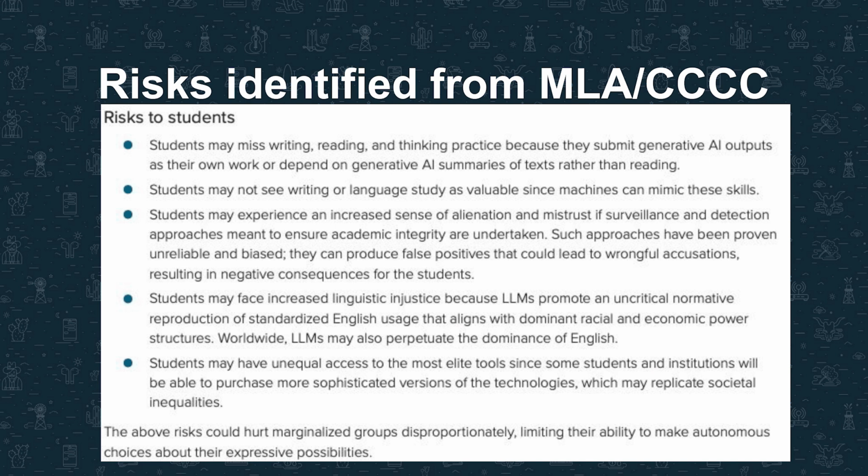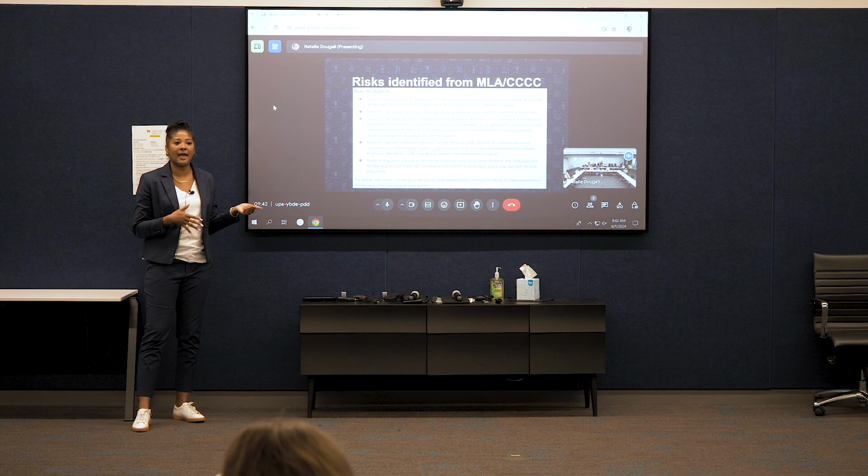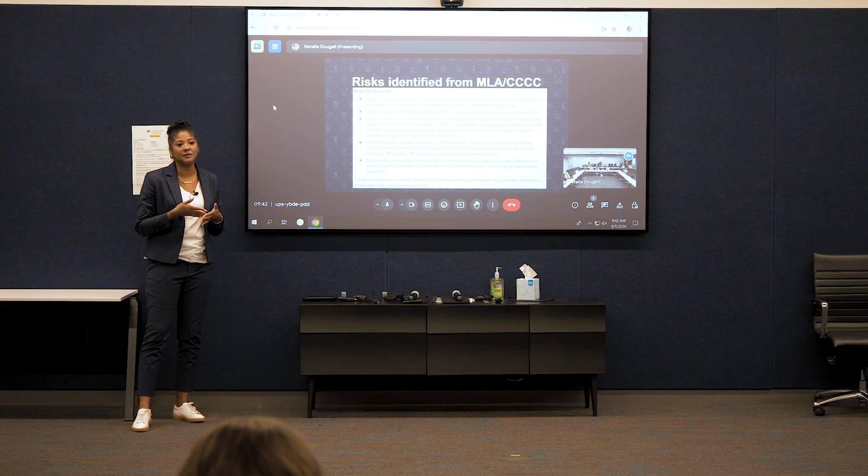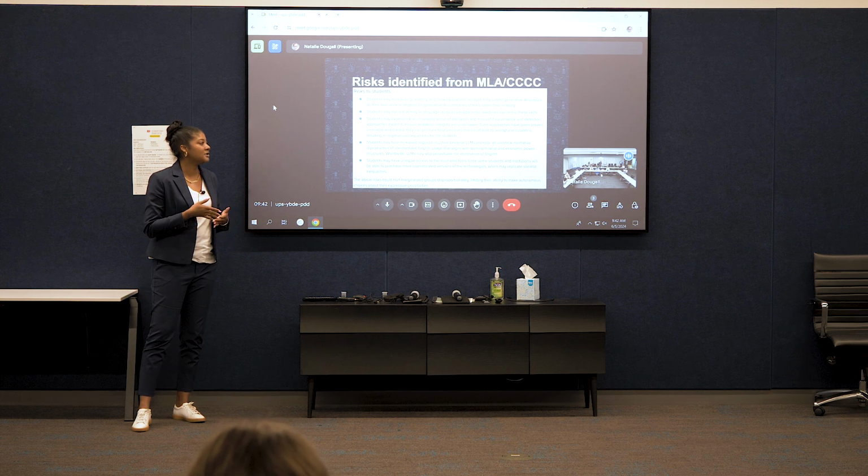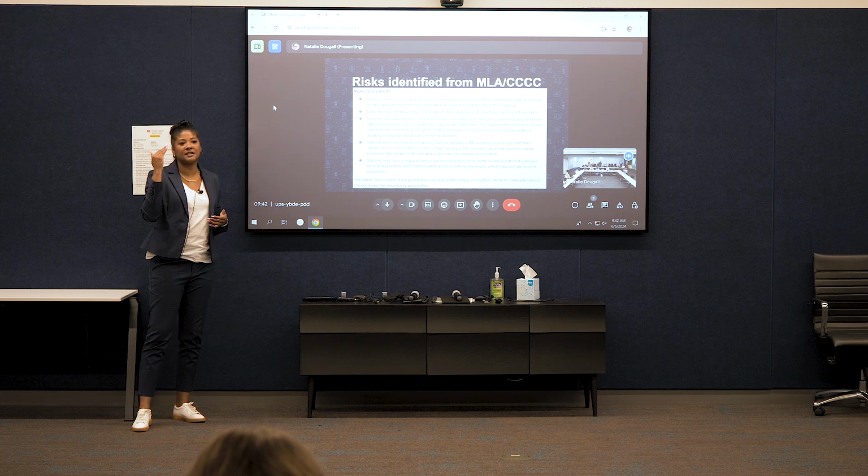For example, students may face increased linguistic injustice because LLMs promote an uncritical normative reproduction of standardized English usage. Students may have unequal access to the most elite tools, and that's what we're seeing right now because of the paywalls. We want to make sure that if we are using AI tools, especially in our writing courses, that they have access to the most premium information available.